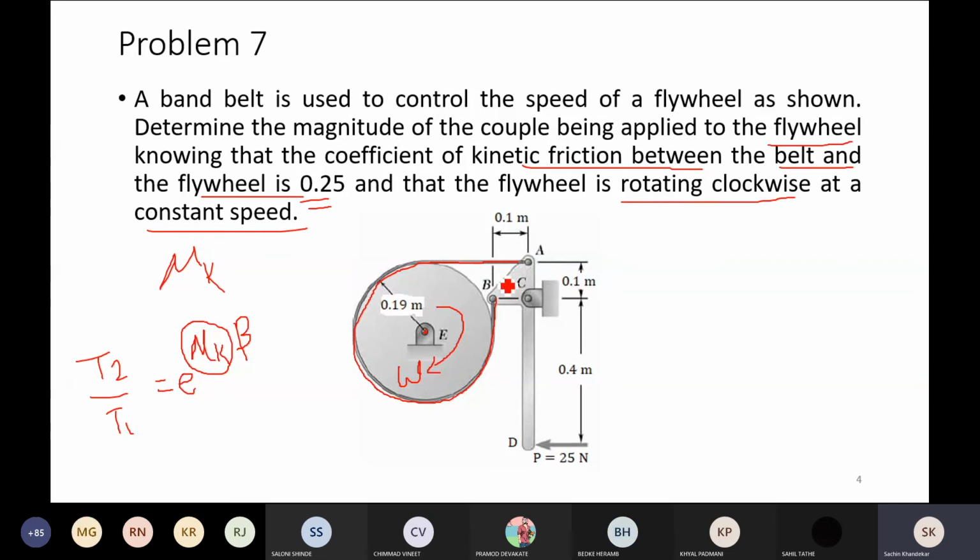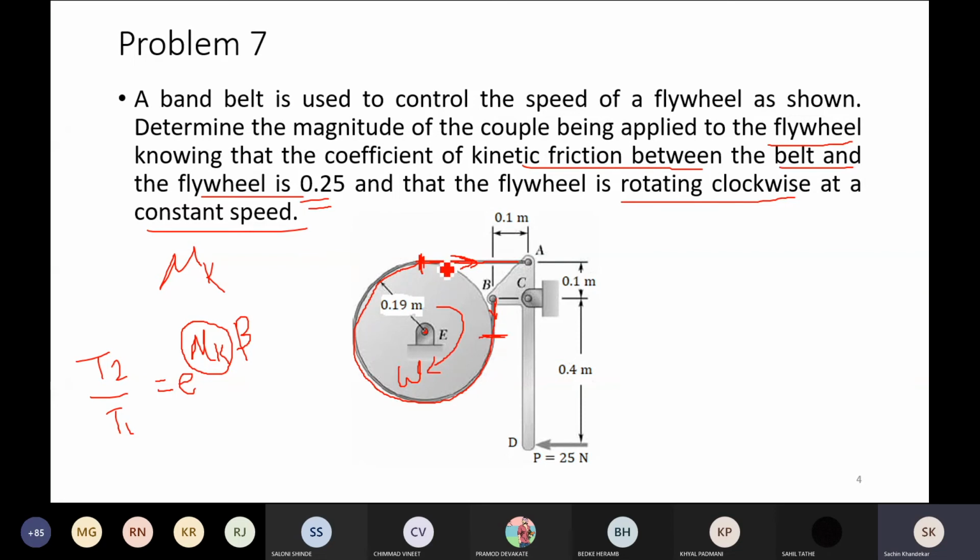Okay, so in the flat belt, what is the nature of force induced? Flat belt is a flexible one, so there must be a tension. So there is a tension in this portion, right? As far as the flywheel is concerned, this flat belt is leaving the flywheel at this particular location, and similarly this flat belt is leaving the flywheel at this particular location.